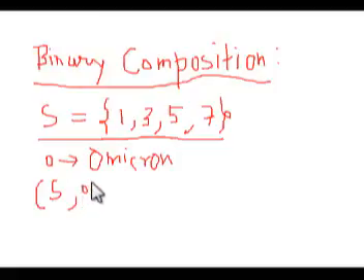We have some properties which the elements of the set must obey. First, any element of S with this operation must be closed with this set under this binary operation, then it is a binary composition.